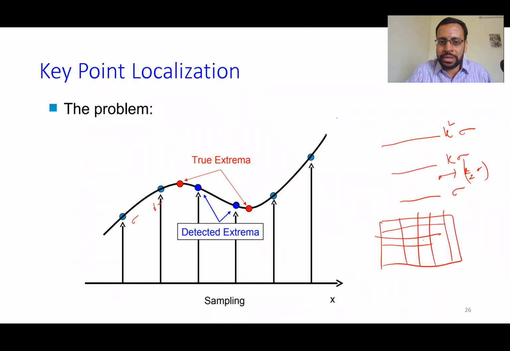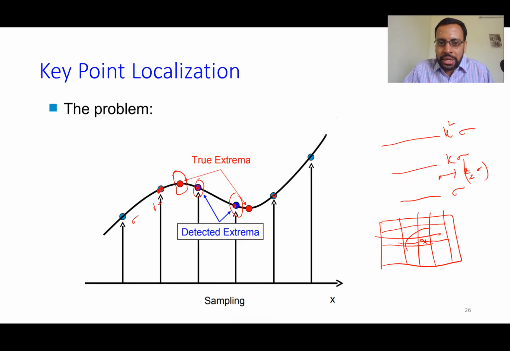Look at the pixels here. At one pixel I got this, at another pixel I got this, at another pixel I got this. Now it looks like this and this are extremas, but at a subpixel level the extrema might be here if I'm looking in the continuous domain.